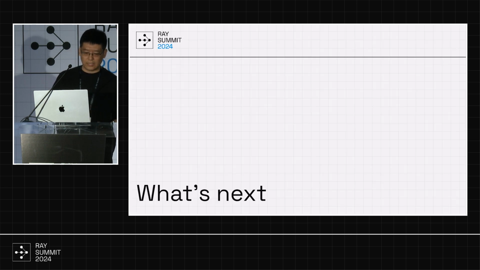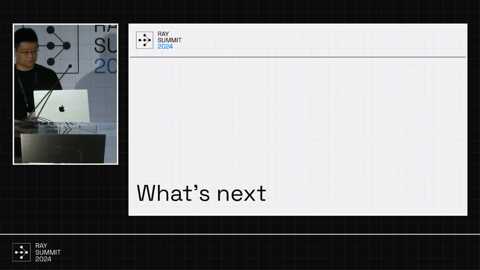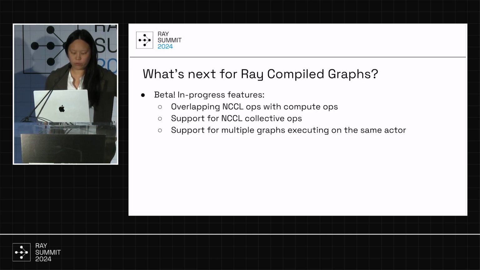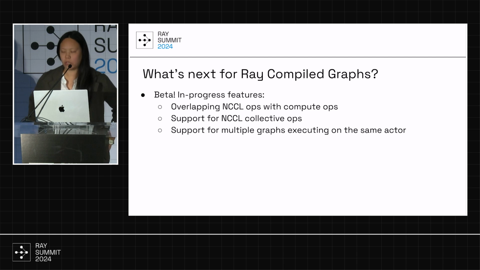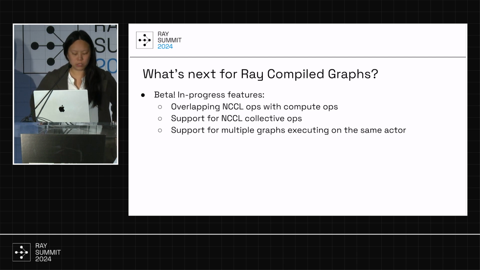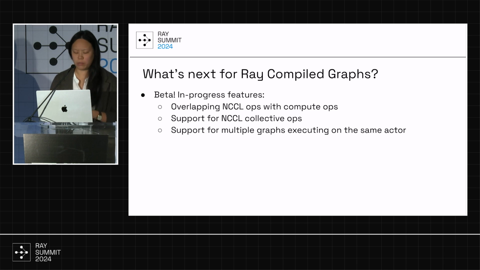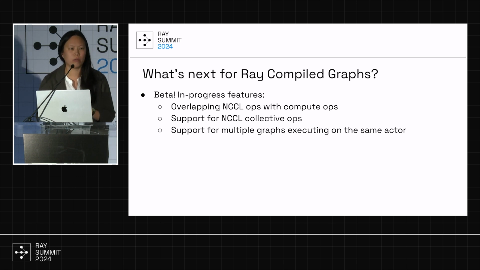Next, I'm going to hand this back to Stephanie to talk about what's next. Okay, cool. Thanks, Ray. For Ray compiled graphs, the next step is to release the beta version, so keep an eye out for that. Some of the major features in progress, Ray already mentioned a couple of these, are around improving support for GPU tasks, especially improving performance.